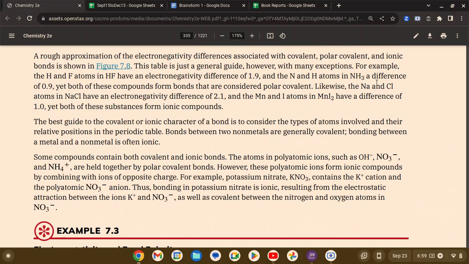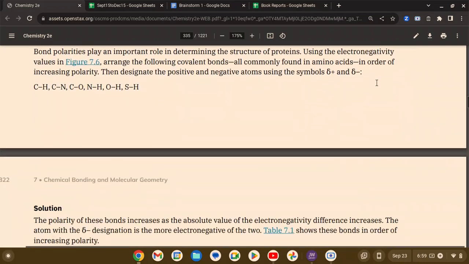However, these polyatomic ions form ionic compounds by combining with ions of opposite charge. For example, potassium nitrate contains potassium and nitrate ions, thus bonding in potassium nitrate is ionic, resulting from the electrostatic attraction between the ions potassium and nitrate, as well as covalent bonding between the nitrogen and oxygen atoms in nitrate.